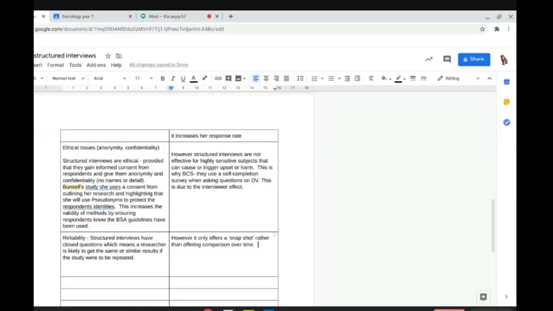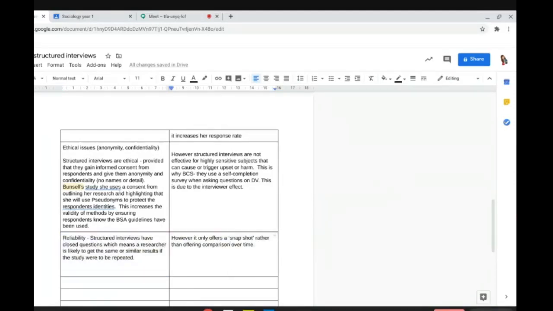Do you remember when we did that questionnaire for methods and it was quite old about musical taste and it was rubbish because it's a snapshot. It only measures what happens at that moment. So if it's asking you, how often do you buy music? We think, well, I don't. It's on my phone. It's a Spotify subscription. It's monthly. It doesn't answer it because it's only a snapshot. It doesn't do well to do comparisons over time. So reliability is a very short paragraph, this one.